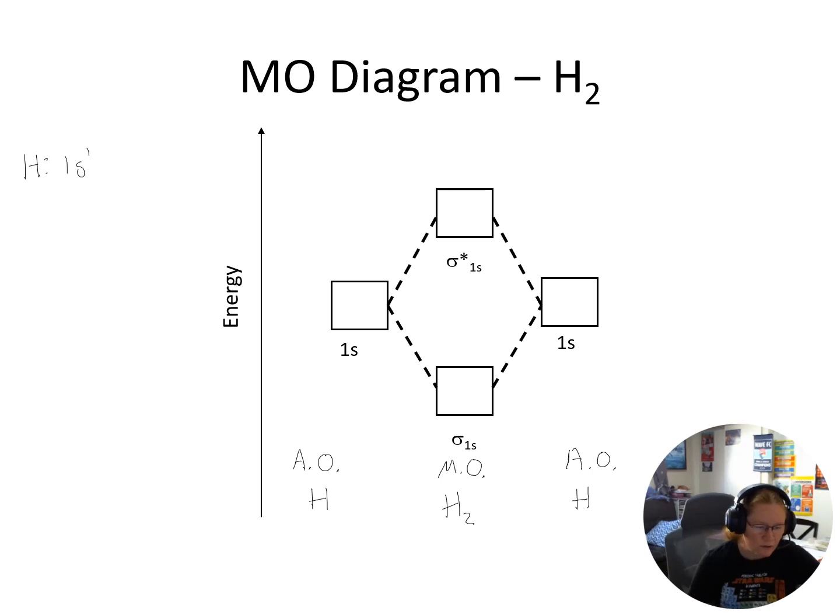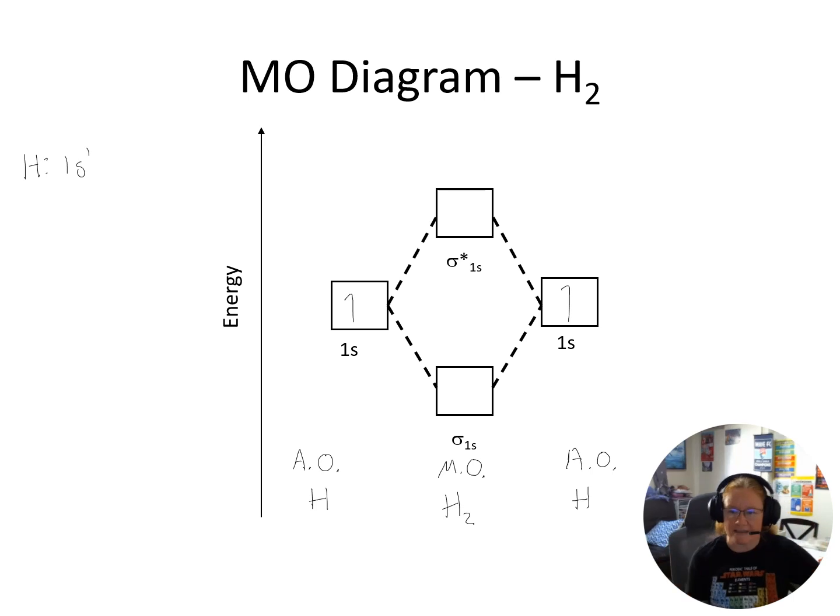So the position of our boxes indicates relative energy. So remember that constructive interference, the addition, we drop the energy. That's where we get the sigma 1s. And then our subtraction, where we are getting destructive energy, that destabilizes it, and we bump it up to the sigma star 1s.